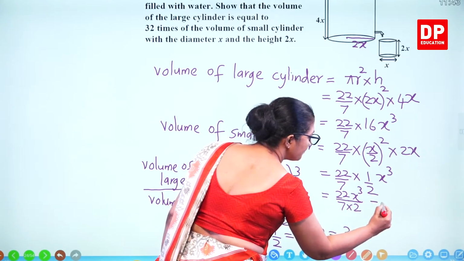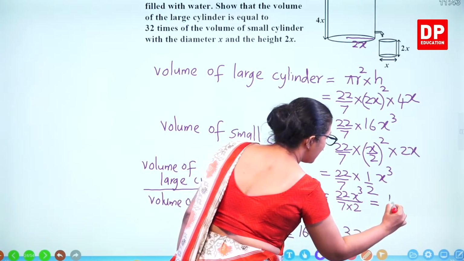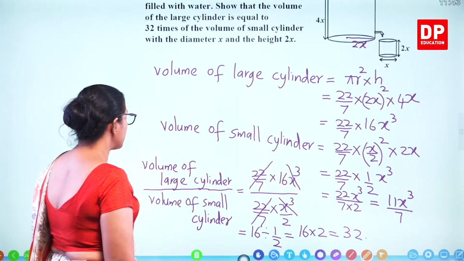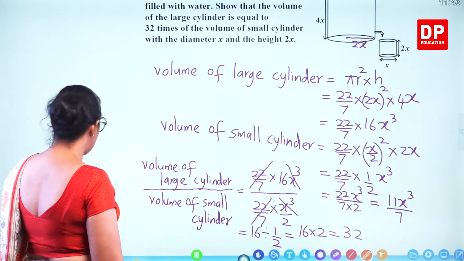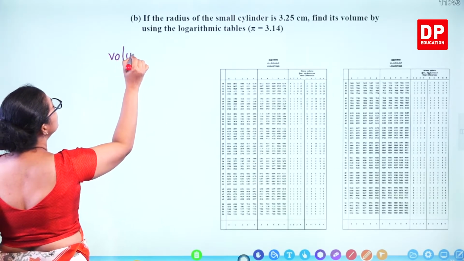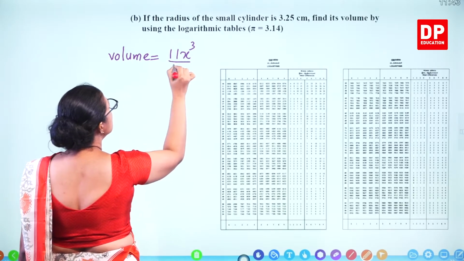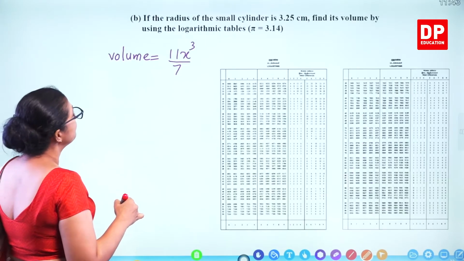I can write here 11. 22 over 2 is 11, x cubed over 7. That's the smaller one. I'll take that one. 11 x cubed over 7. So volume is 11 x cubed over 7. Is it okay?